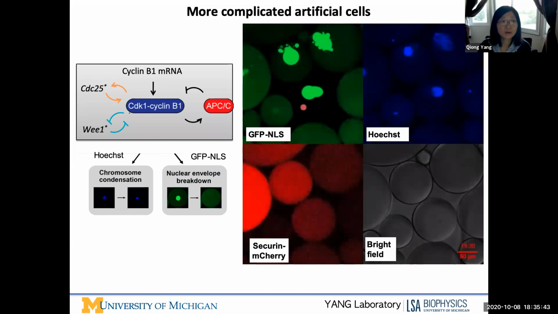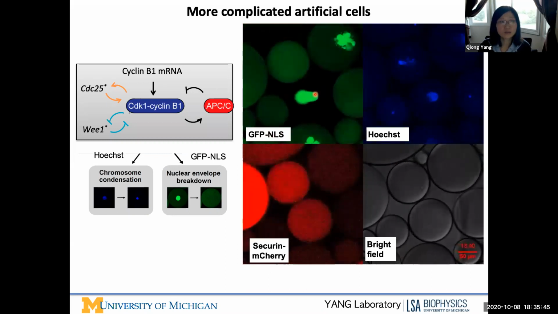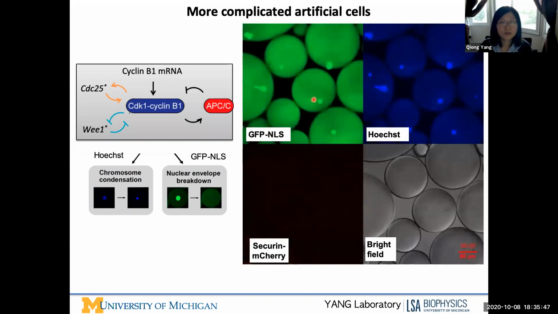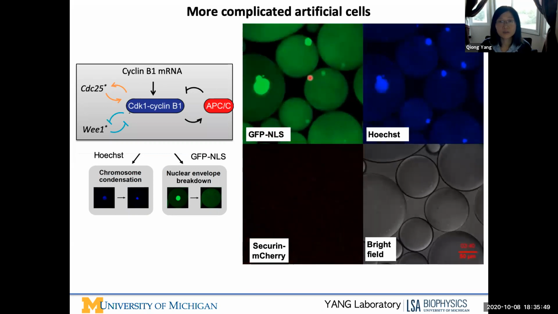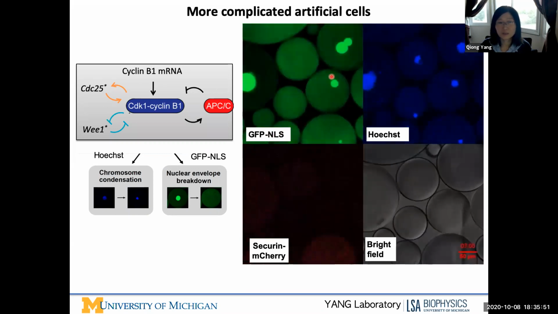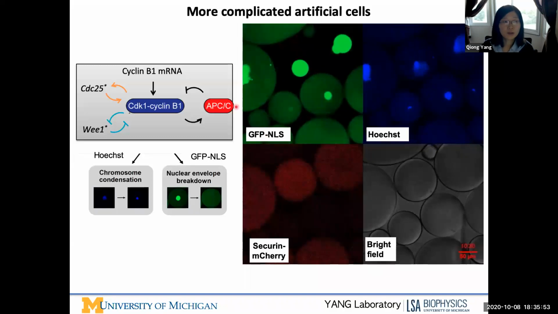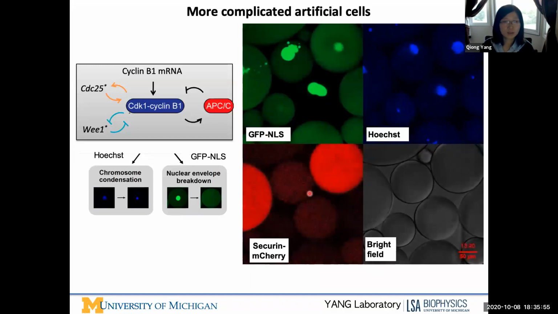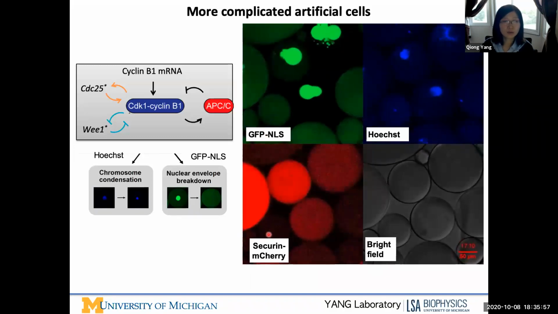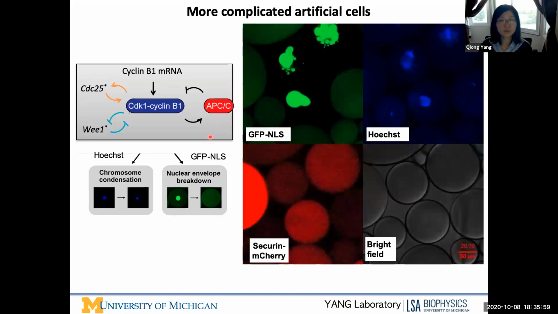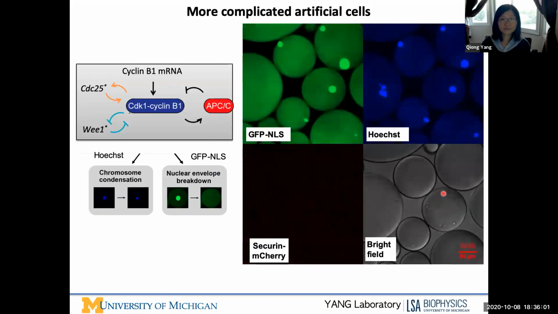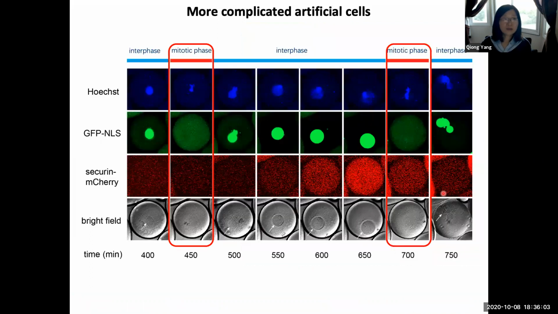But when the cell enters into mitosis, there is nuclear envelope breakdown, so all the green fluorescent protein is uniformly distributed in the large droplet. Again, at the bottom here is securin-mCherry, the anaphase substrate, as a reporter for the clock. It may be easier if I select one of the droplets to look at the correlation of these different events.